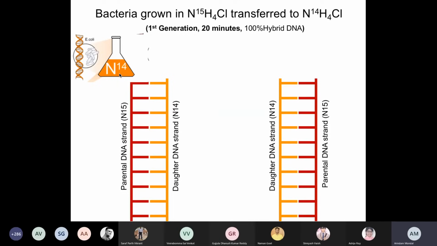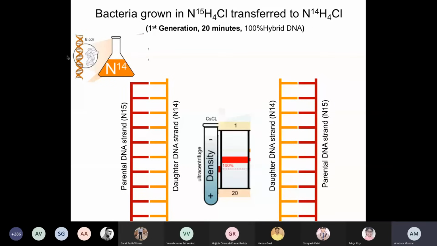So if you collect the bacteria after 20 minutes, isolate the DNA, and lay it over the top of the density gradient to see where this DNA is migrating. Okay. Now initially at generation 0, where all the DNA were N15 labeled, this was the band.